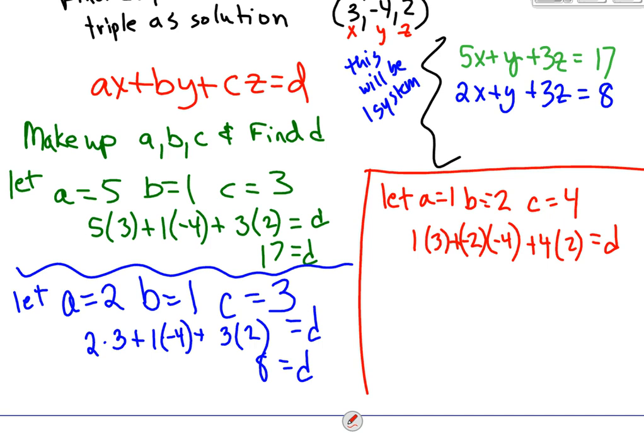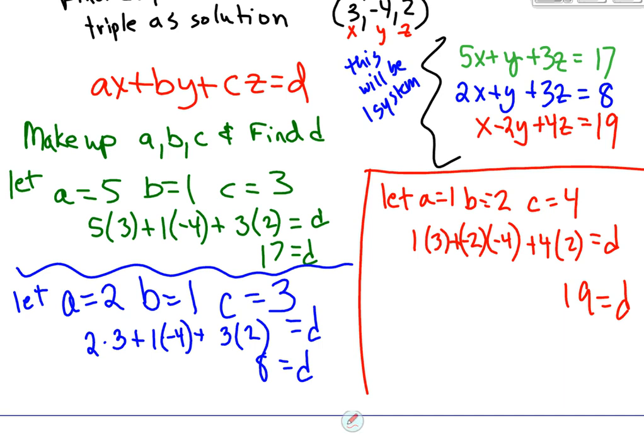Everything's positive, so it's actually going to be a little bigger than that. 19, I heard it whispered. 19 is equal to D. So then my third equation can be 1x, or just x, minus 2y plus 4z equals 19.